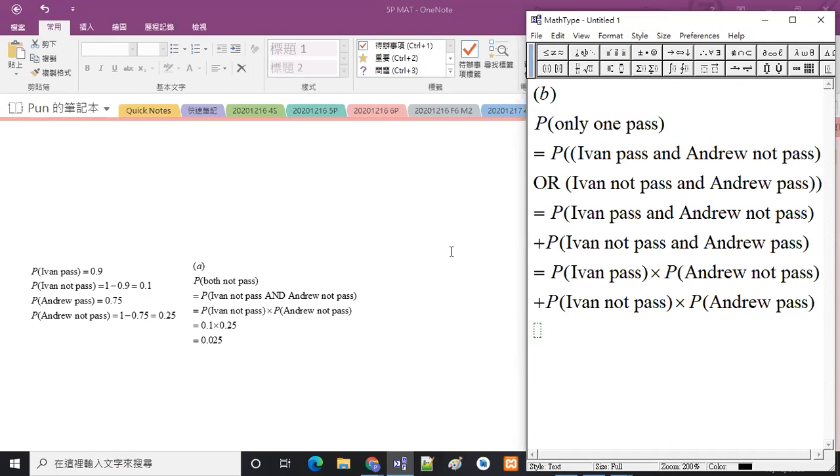Now we can make use of our preparation. The first line will be Ivan pass, that should be 0.9, and at the same time Andrew not pass will be 0.25, plus the second case: Ivan not pass, that is 0.1, at the same time Andrew pass, that's 0.75. And I need a calculator. Let me see.